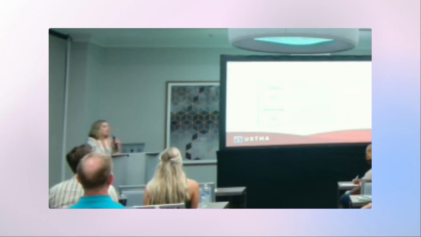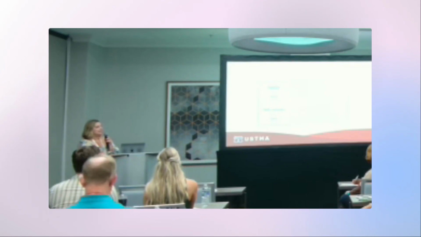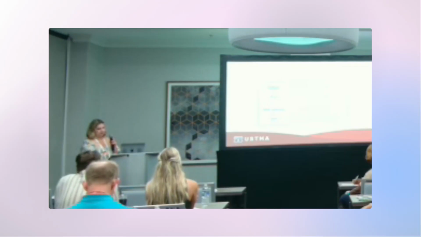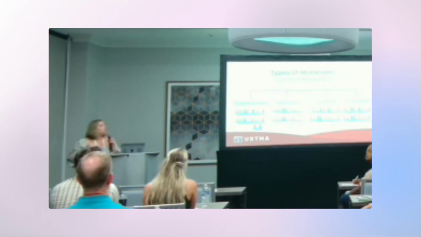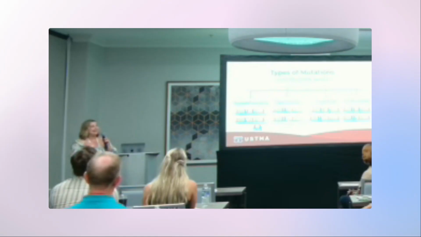The way that I like to think about genes is kind of like with the alphabet, we put together different letters to make words. For genes, we take these DNA molecules, these A's, T's, C's, and G's, and put them together to make a gene. We probably all have different mutations in our genes, and most of the time, these don't cause any health concerns.